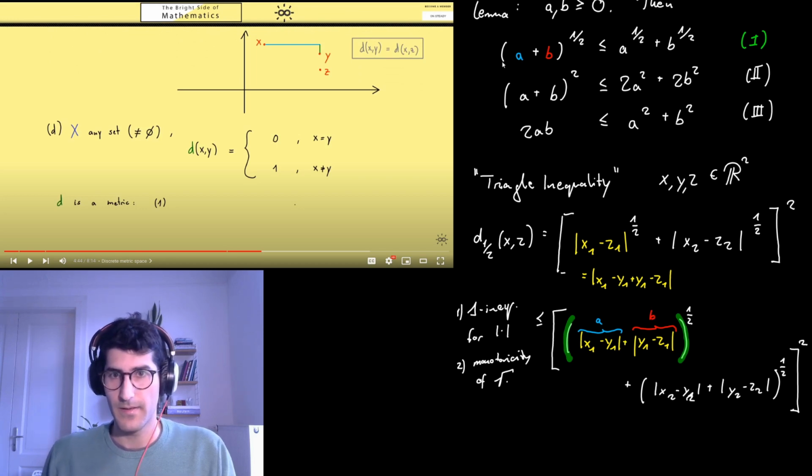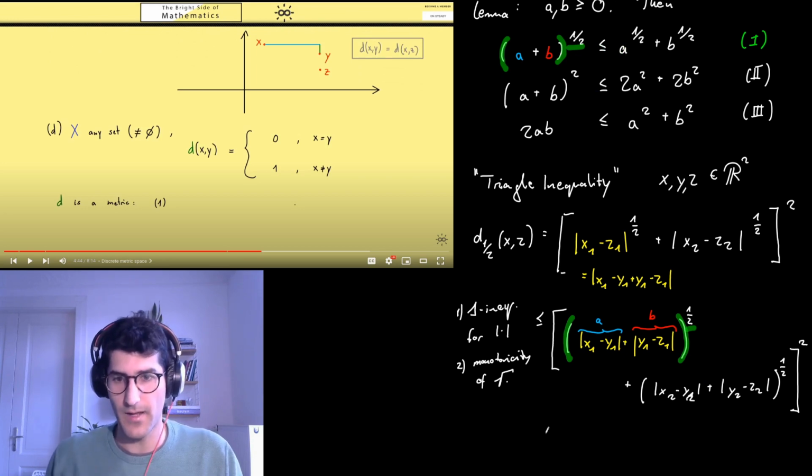Well, then the square root of the sum to the 1/2 is going to be less or equal than the sum of the square roots. So I'm going to write this down.